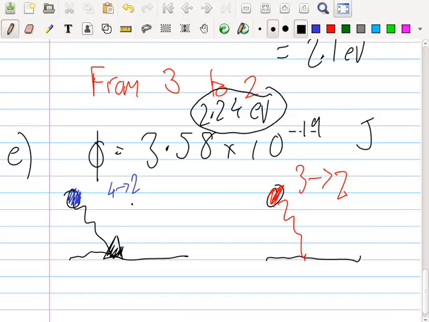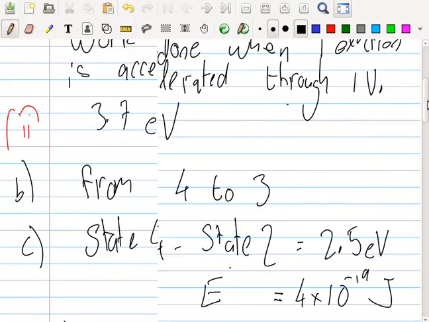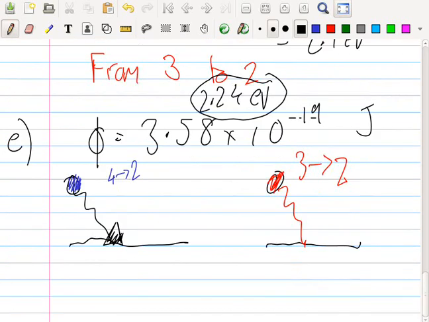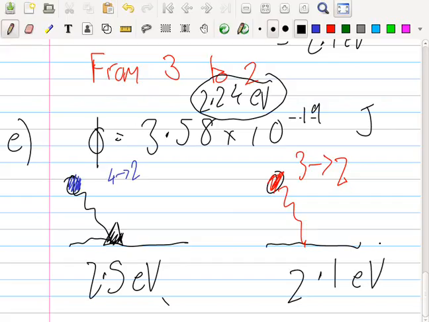And if you go from 4 to 2, back at the diagram, that will make a photon with energy 2.5, whereas this one, what should it be? It should be less than this, and in fact it is. It's 2.1 electron volts, the one we did earlier. So in the first case it can release the electron because it's more than the work function, and in the second case it can't because it's less than the work function, which is the definition of what the work function does. It's how much energy you need to release it.